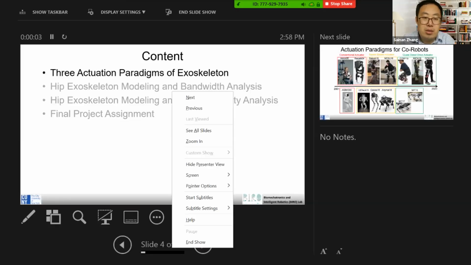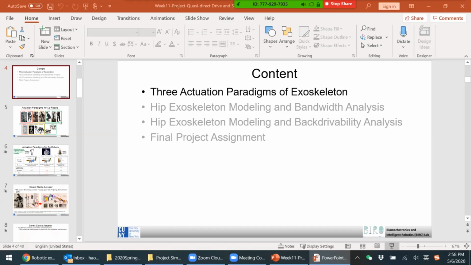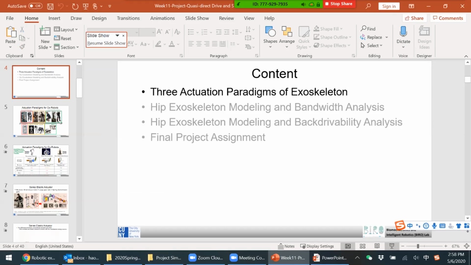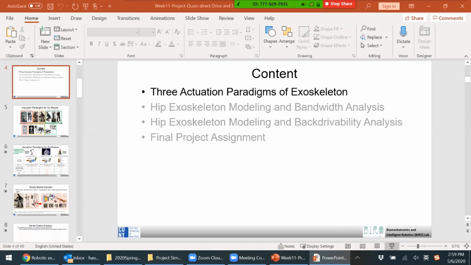So you can see my screen, right? The slides, right? Let me switch to the other screen. It's a little bit slow. It's kind of weird. Okay, it goes to another screen. Give me 1 second. Let me see.